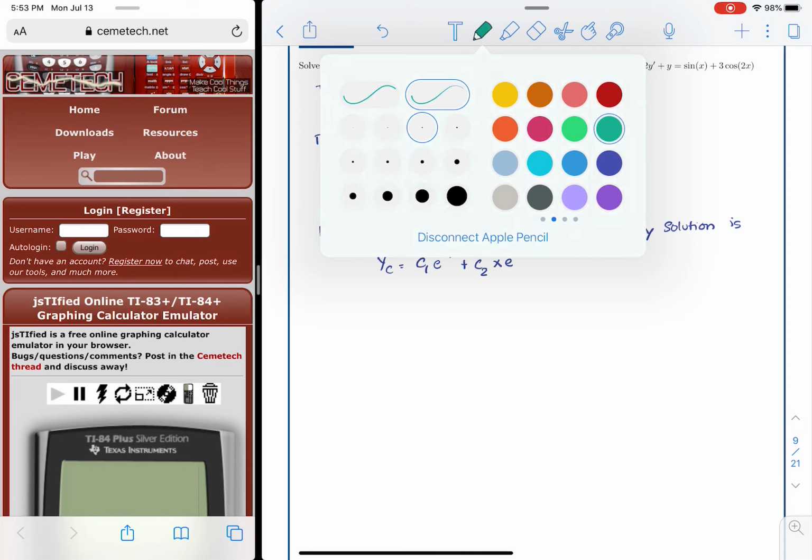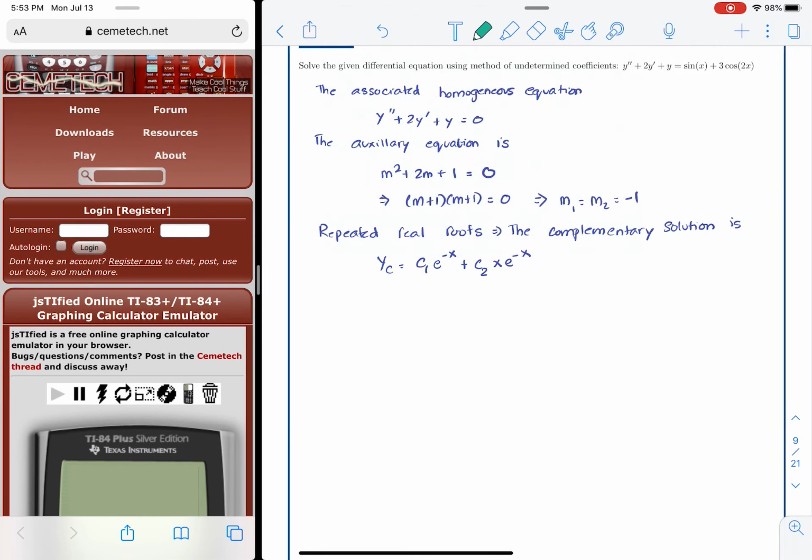So the non-homogeneous part is due to the g of x that is on the right hand side. So we know g of x is equal to sine x plus 3 cosine 2x.